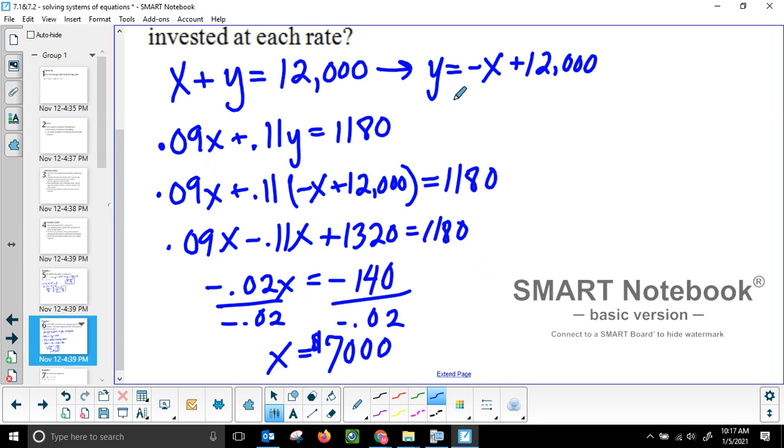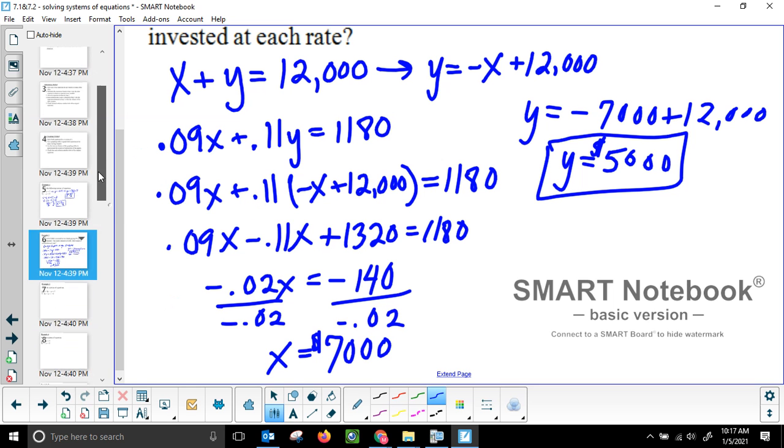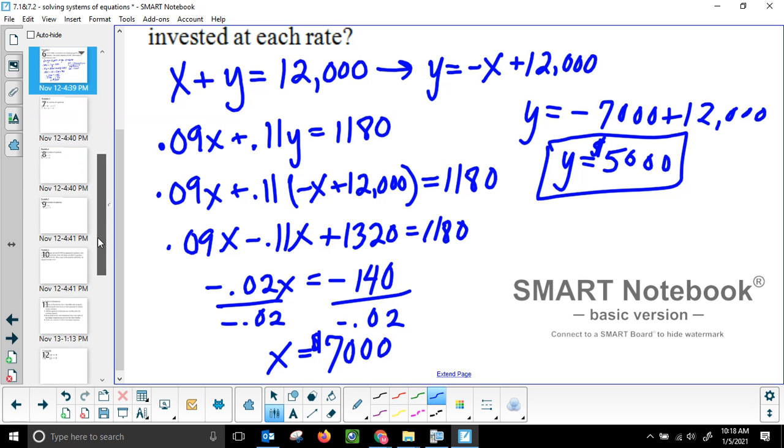And of course we can use this one here. y is equal to negative x, which my x is 7,000, plus 12,000. So y is equal to 5,000. And voila, we are done. So they had 7,000 invested at 9%, 5,000 invested at 11%. Of course, that doesn't really make logical sense in the real world. Why wouldn't you just put all of your money in the account that was giving you better interest?